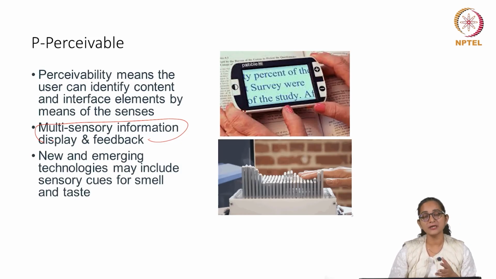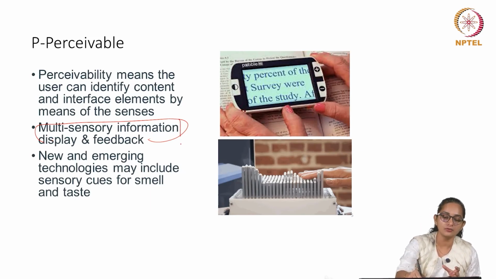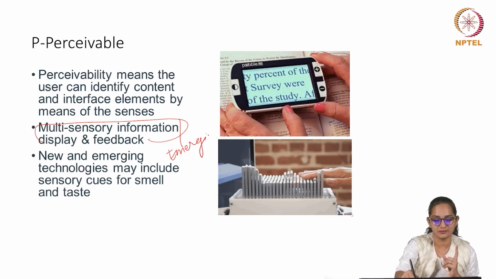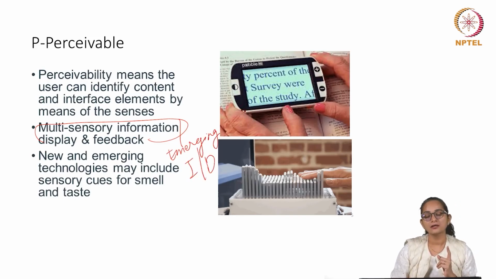In a forthcoming lecture, we will also discuss in detail these emerging input and output devices. When we talk about a tactile display, for example, what is a tactile display? What is the meaning of that? There is a small image here, but of course, we can learn a little bit more about the various companies which are making it, and the limitations of those kinds of input output devices.